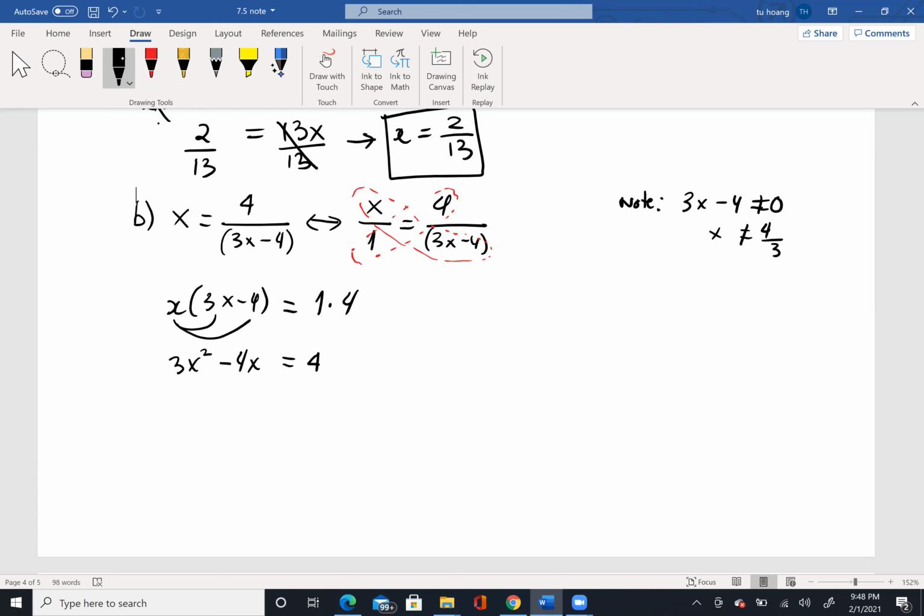So this looks like a quadratic equation. You can subtract 4 from both sides, or move this 4 from the right-hand side to the left-hand side. You have 3x squared minus 4x minus 4 equal to 0.